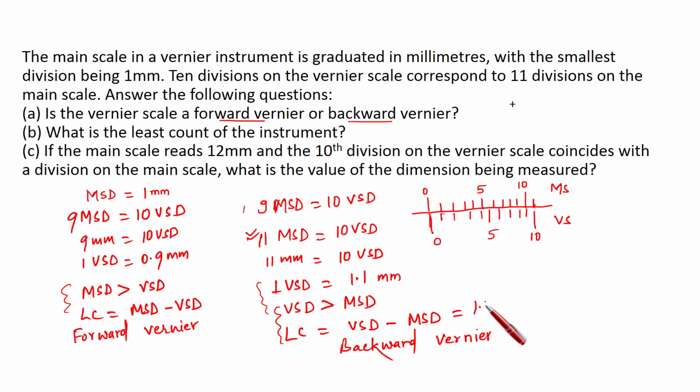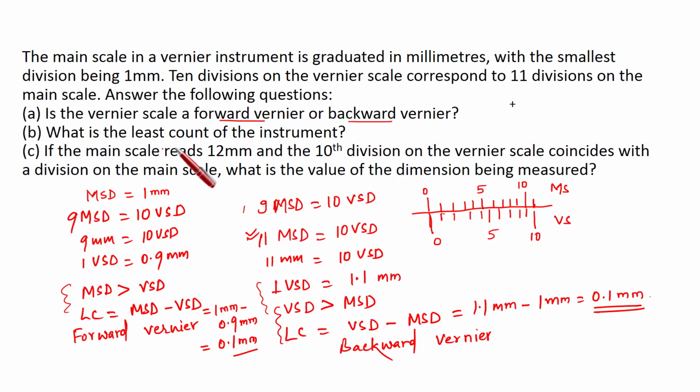Vernier scale division is 1.1 mm minus main scale division is 1 mm, which will give you 0.1 mm. Here, for the least count, main scale division 1 mm minus vernier scale division 0.9 mm will give you 0.1 mm. So in both the cases, the least count has come as 0.1 mm. So what is the least count of the instrument? We have got this, and it is a backward one here.